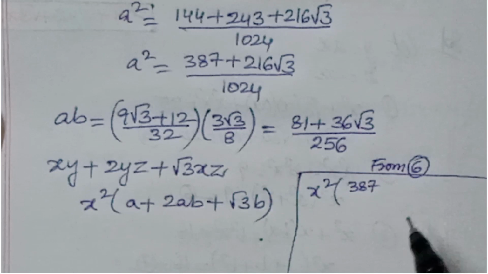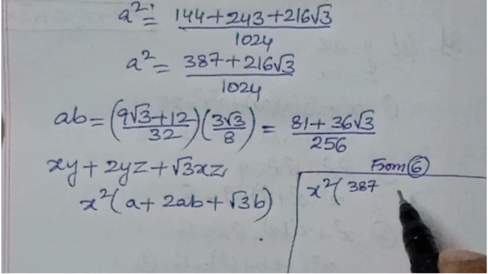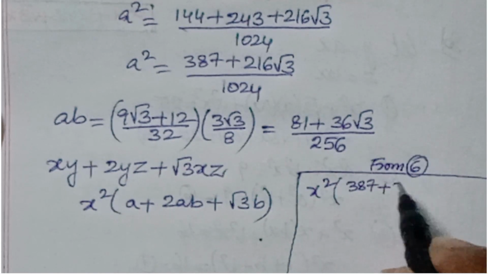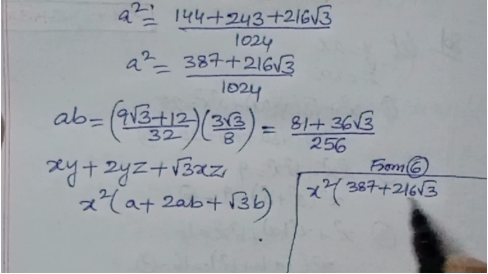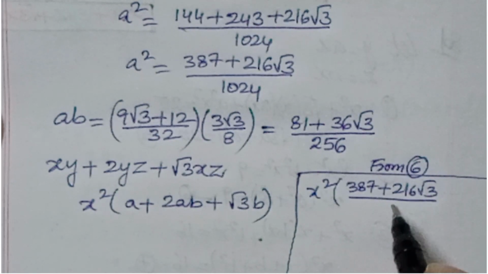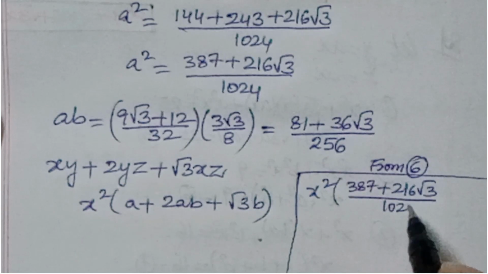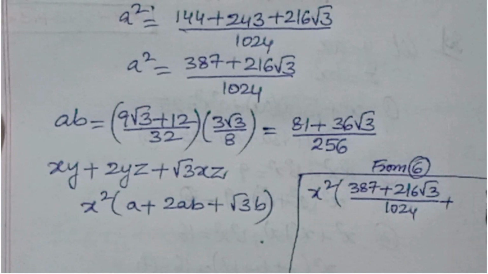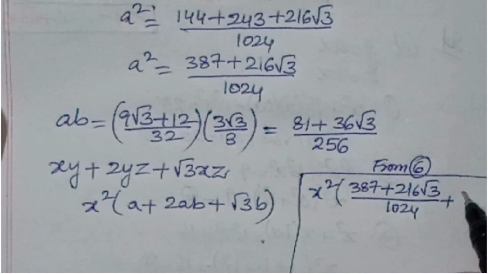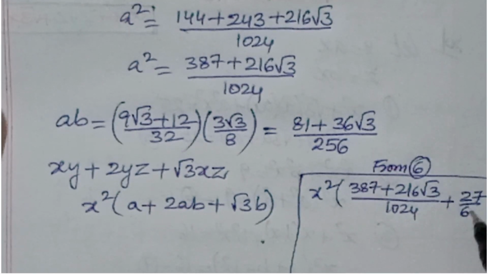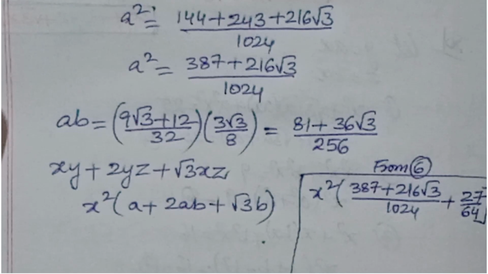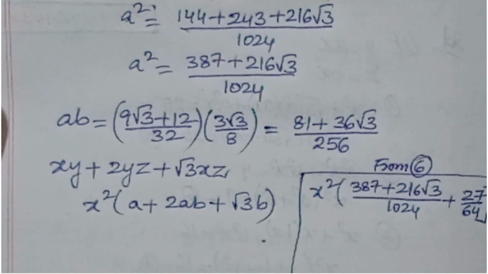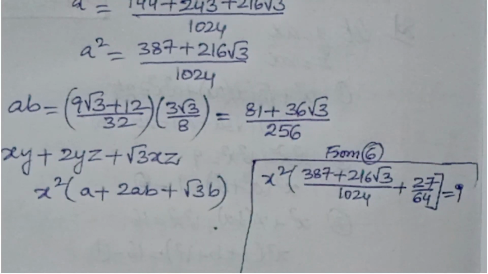From 6 you are getting 387 plus 216 root 3 by 1024 plus b square value. B square value is 27 by 64, is equal to 9.